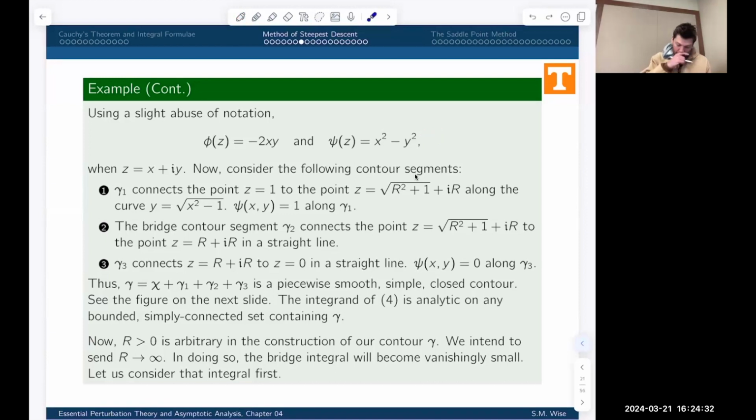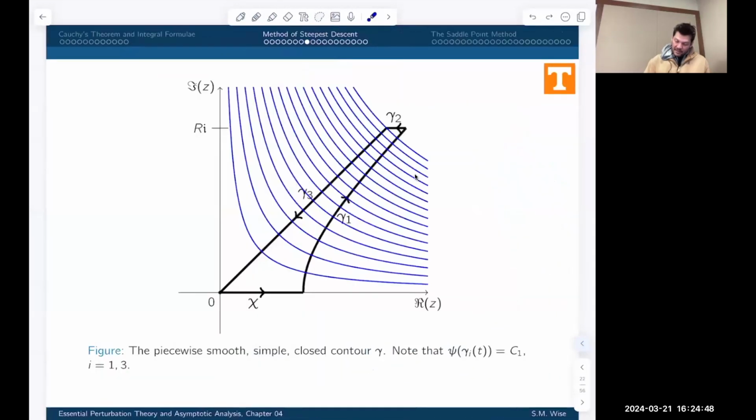Okay, so here's my first contour that I'm going to construct. Gamma 1, that should connect point z equals 1 to the point z equals square root of r squared plus 1 plus i times r. So that's precisely this point here. And that's this contour that I'm going to construct. So how did I know what this point was?